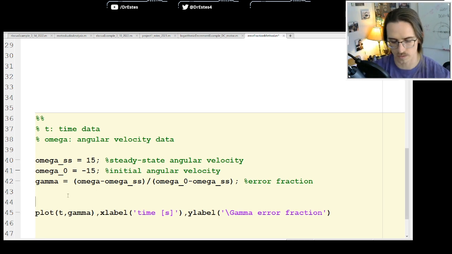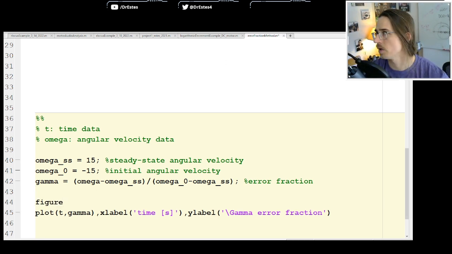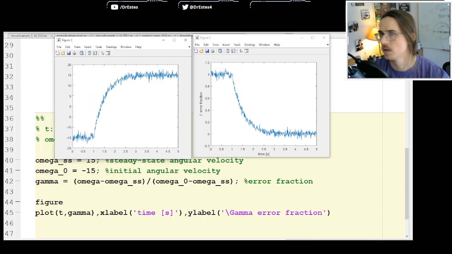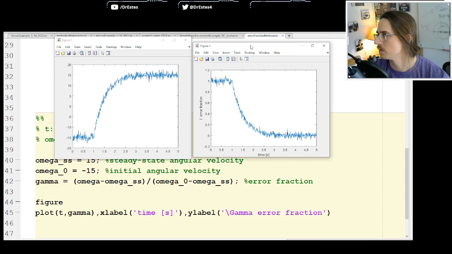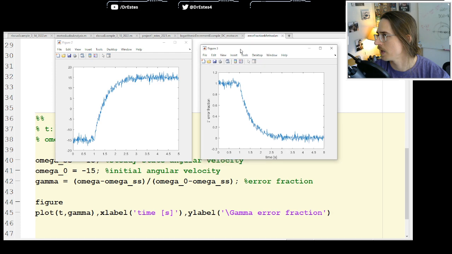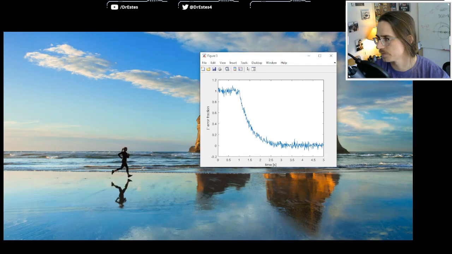Oh, I need to make it, I'll throw another figure here. So let's put these side by side. On the left, I have my original response. And on the right, this is, oh geez.